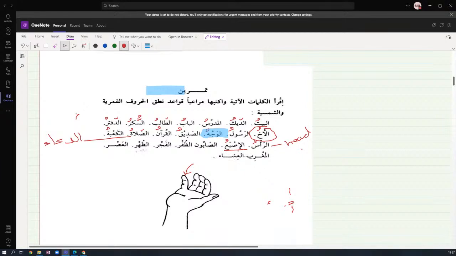And the word إصبع, you can't make a mistake when pronouncing it, because al-isba' is said nine different ways. You can say al-isba', al-isbi', al-isbu', or al-asba', al-asbi', al-asbu', or al-usba', al-usbi' or al-usbu'.